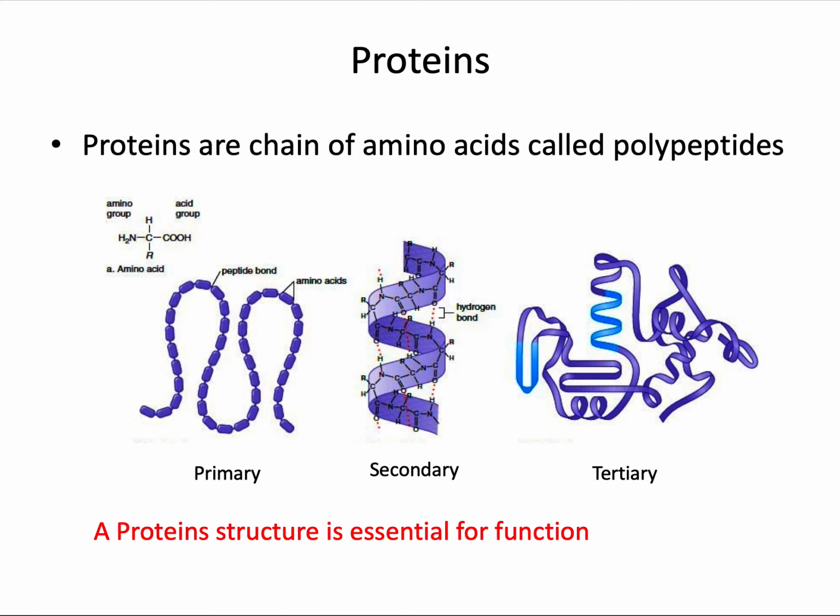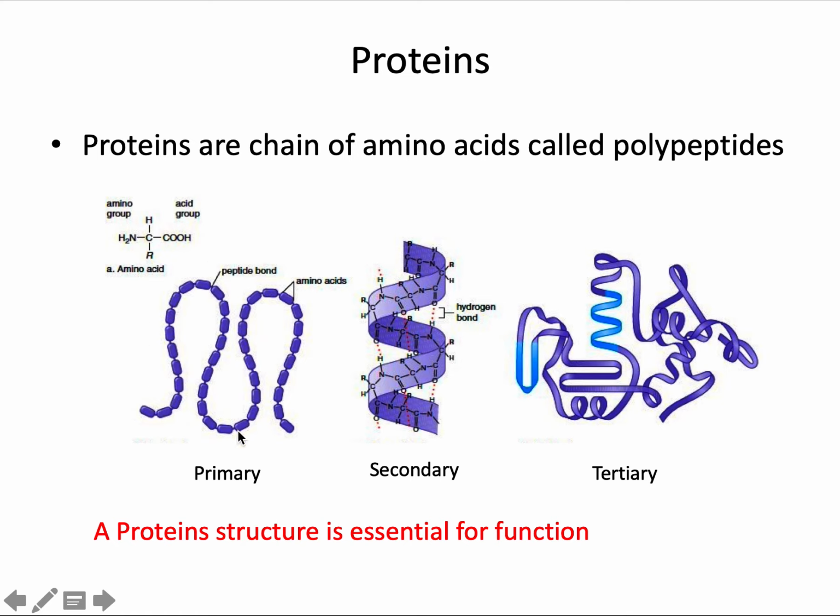How a protein is structured, how it's folded, is essential for its function. So if how the protein is folded is changed, it affects how the protein functions. So you have a primary protein based on the fact that it's just a single peptide, just arranged in a chain.